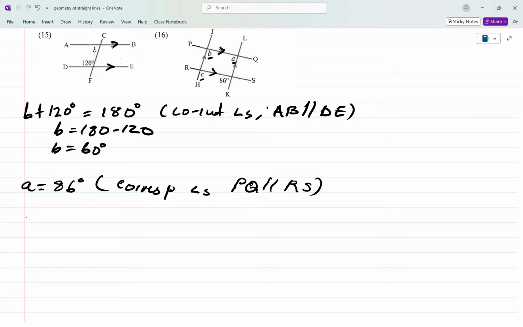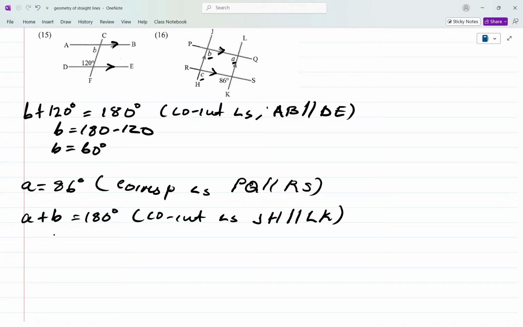And then moving on to B, I know that when I add angle A with angle B, I must get 180 because of co-interior angles. I know that JH is given to me as being parallel to LK.